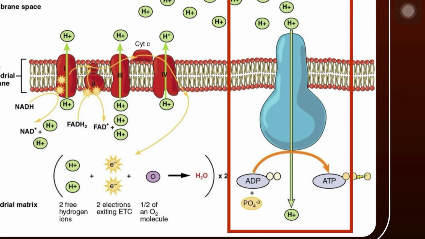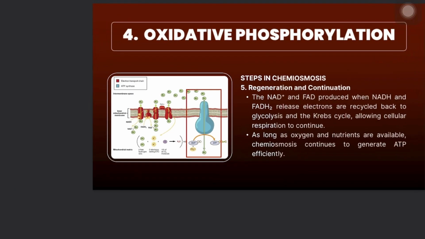These regenerated coenzymes will now return to glycolysis and the Krebs cycle in order to pick up more electrons, and it allows the entire process of cellular respiration to continue without interruption. Okay? So that is the whole process of the cellular respiration.